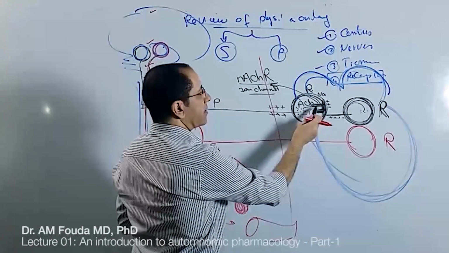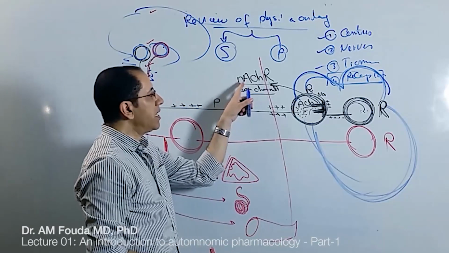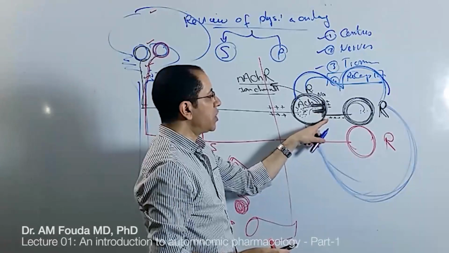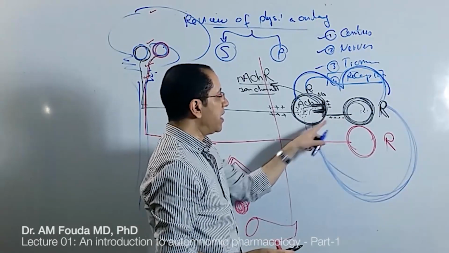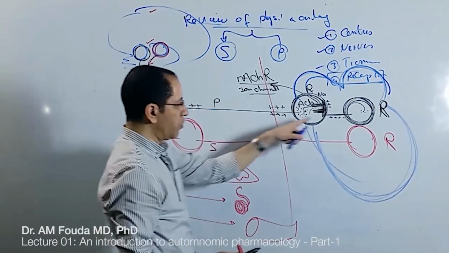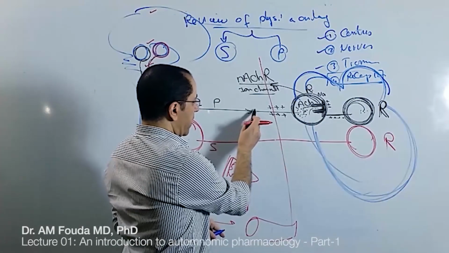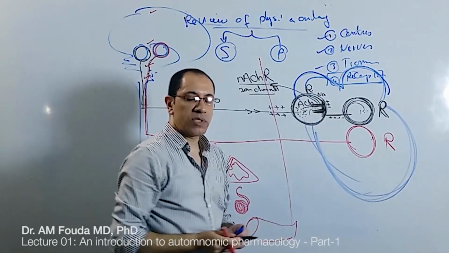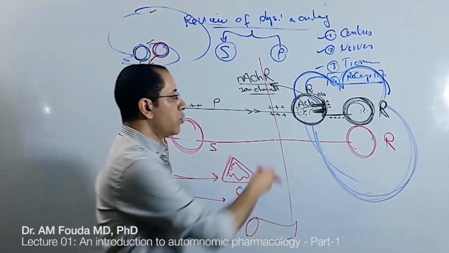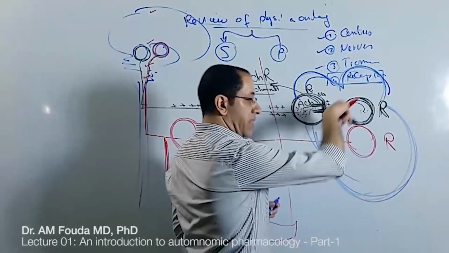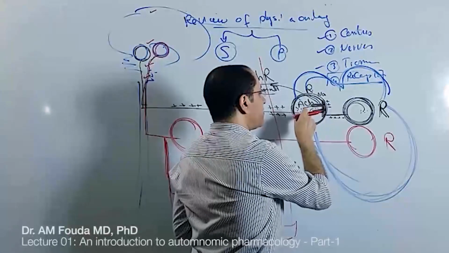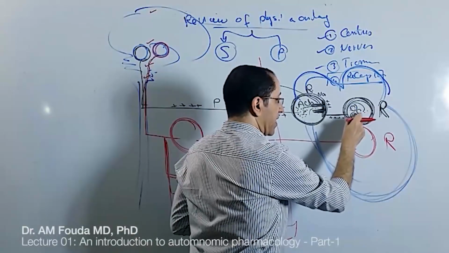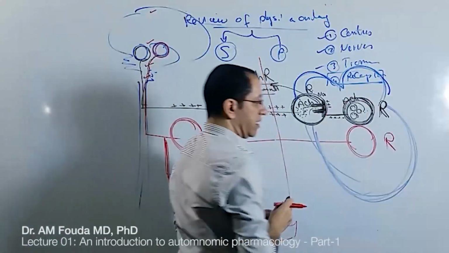Then the same scenario will happen again, as these vesicles filled with acetylcholine will rupture, causing release of acetylcholine, which acts on its receptors present on this organ, now termed cholinergic receptors. And what are these cholinergic receptors that are found in many organs called? They're called muscarinic receptors. And we have three well-known types of muscarinic receptors termed M1, M2, and M3.